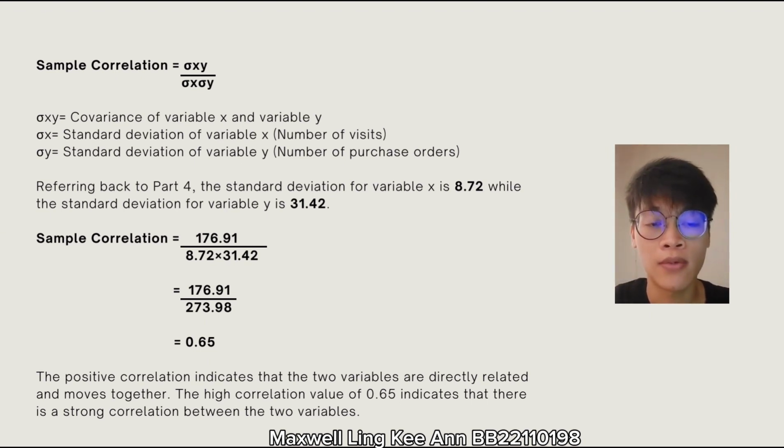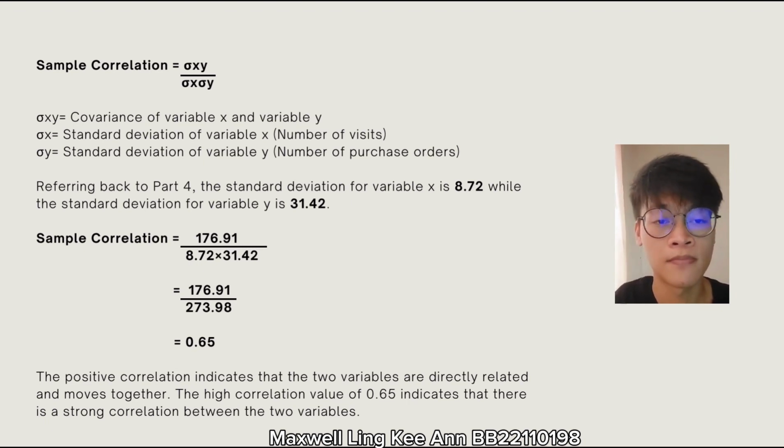So we need to calculate 176.91 divided by 8.72 multiplied by 31.42, which is equal to 176.91 divided by 273.98. We will get 0.65. The positive correlation indicates that the two variables are directly related and they move together. The high correlation value of 0.65 indicates that there is a strong correlation between the two variables.